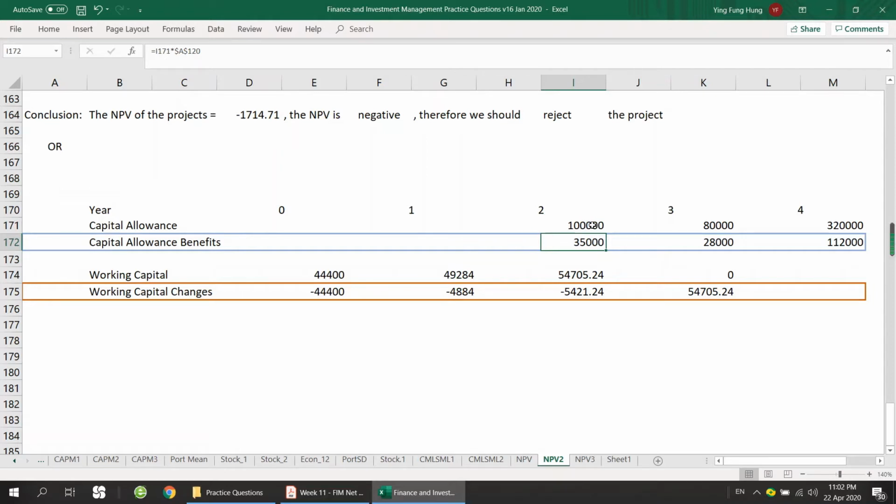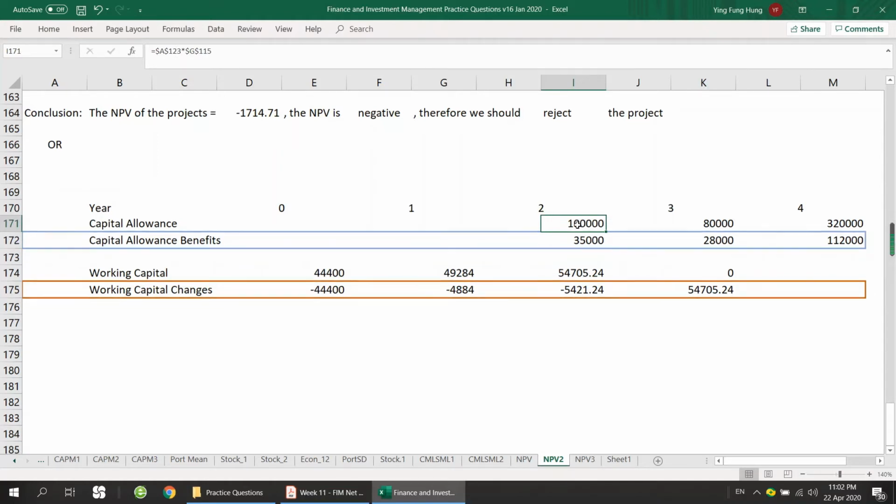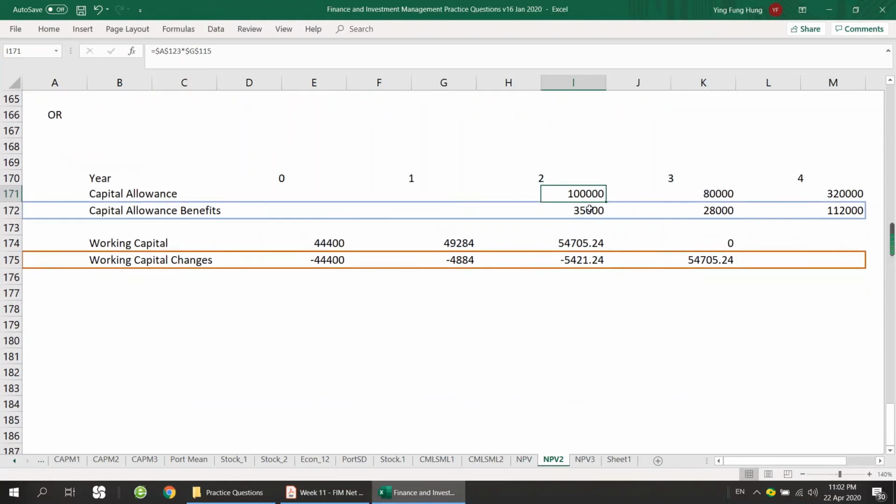The benefit that we can claim is the percentage of this capital allowance that we are paying as tax. Since we are paying a tax rate of 35%, we can only get 35% of this capital allowance. 35% of 100,000 will give us a capital allowance benefit of 35,000.